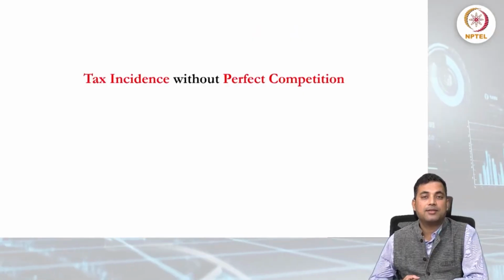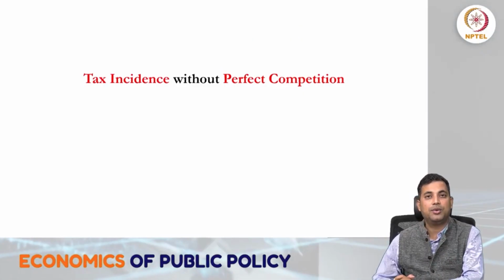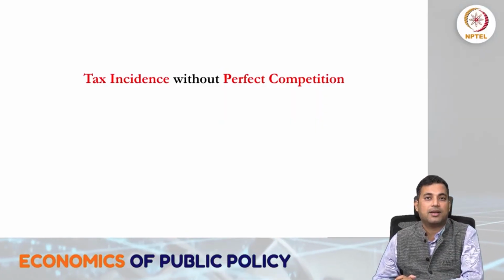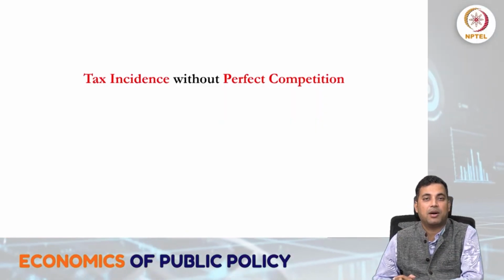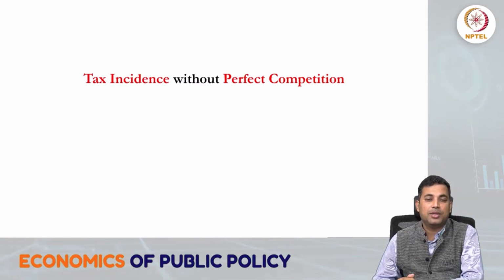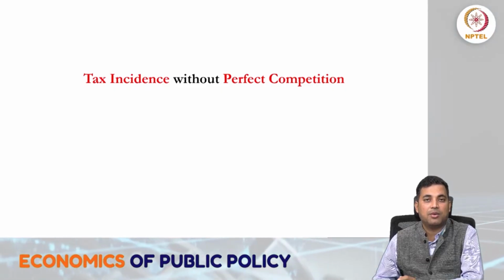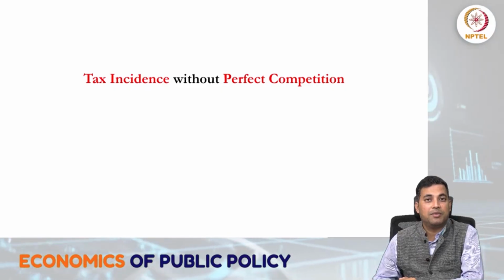So in case of tax incidence without perfect competitive markets, we already know all the features and characteristics of perfect competitive markets and also imperfect competitive markets. We already discussed two extreme cases in our previous lectures.